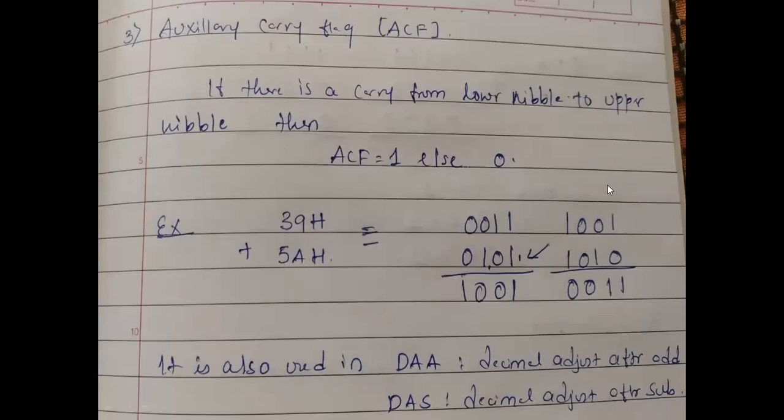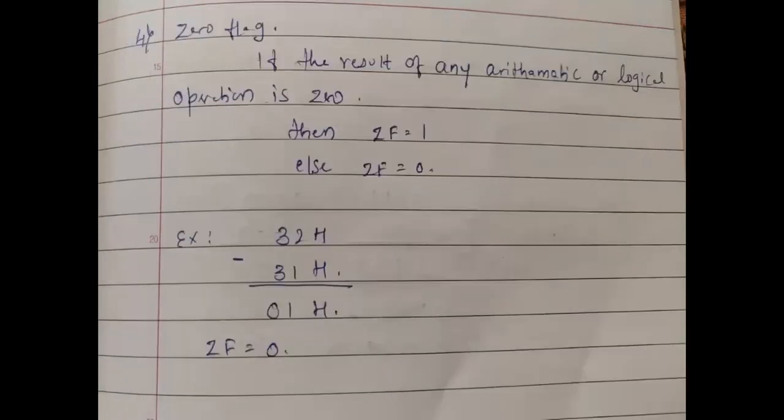First I will represent them in binary. 1 plus 0 is 1, 0 plus 1 is 1, 0 plus 0 is 0, and 1 plus 1 is 0 and carry 1. So the carry goes from the lower nibble to the upper nibble. In this condition, ACF will be 1. Also, the auxiliary carry flag is used in decimal adjust after addition and decimal adjust after subtraction.